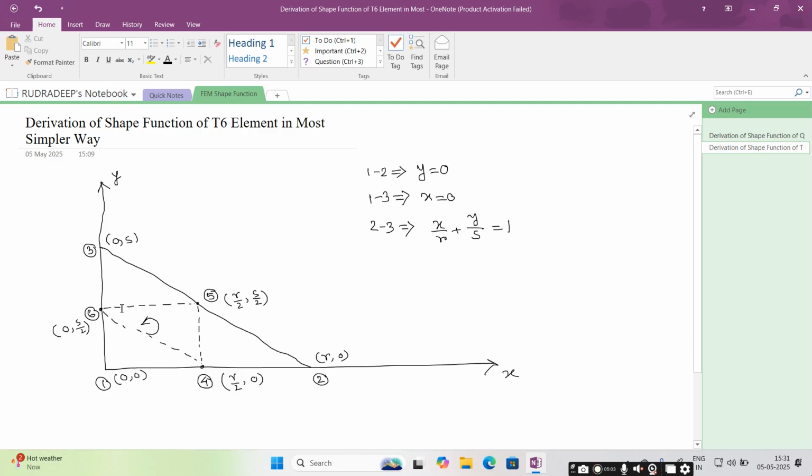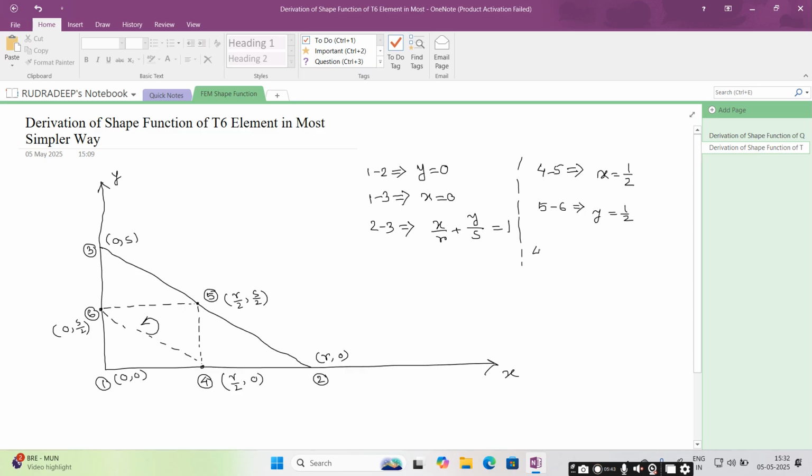Also, I need the equations of these three lines. For the line 4 5, the equation will be x equal to r by 2. For 5 6, the equation will be y equal to s by 2.